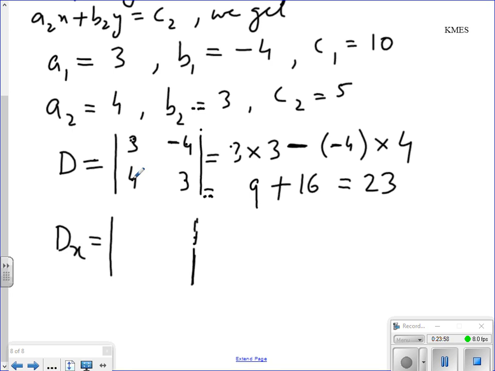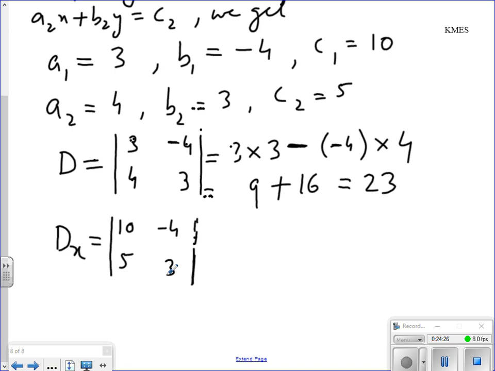In dx, the coefficients of x will be replaced by C1 and C2. So A1, A2 will be replaced by C1, C2. So we have 10 and 5 here in place of A1 and A2. B1, B2 will remain as it is, so that will be minus 4 and 3. So now you have the second determinant with you, that is dx.